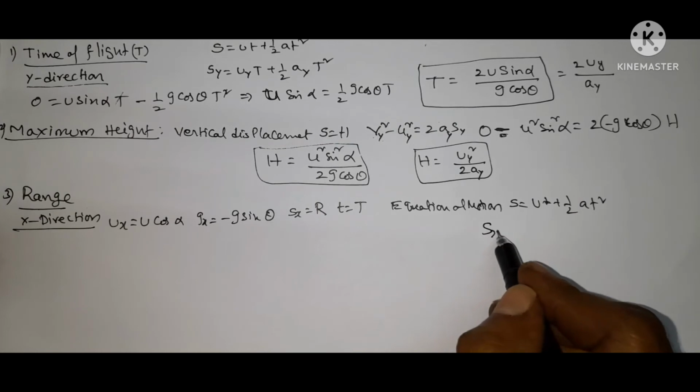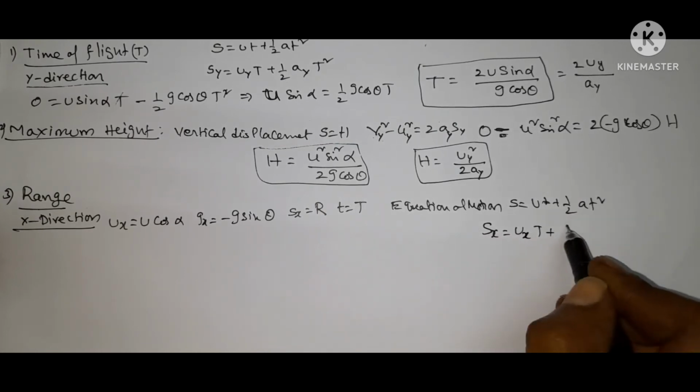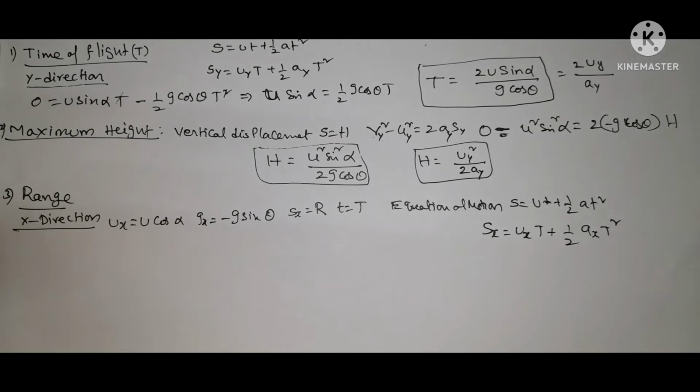So in the x direction, sx is equal to ux t plus 1 by 2 ax t square.